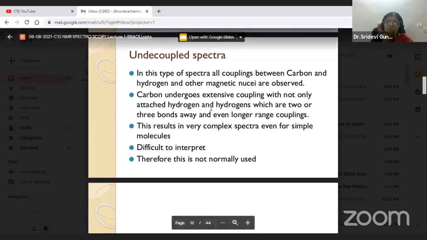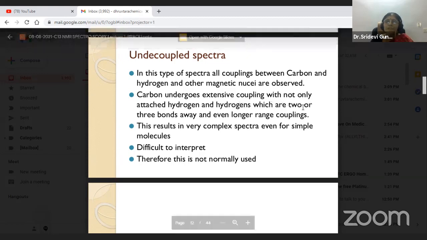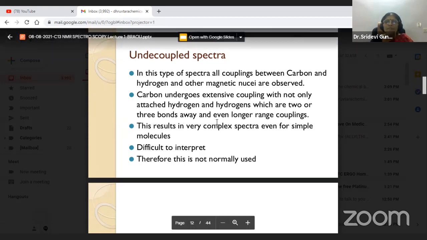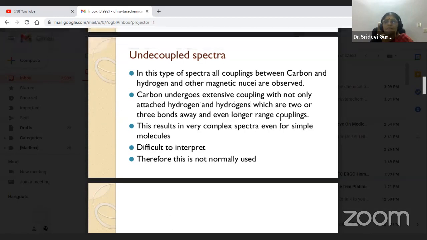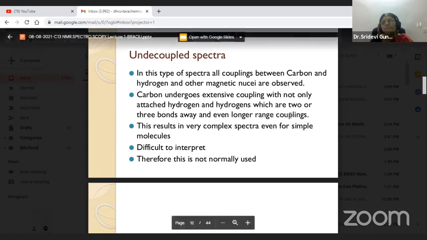It will also couple with hydrogens which are 2 or 3 bonds away, and even sometimes longer range couplings, if the distance between that carbon and that hydrogen, because of the 3-dimensional network, is small, even longer range coupling is possible.